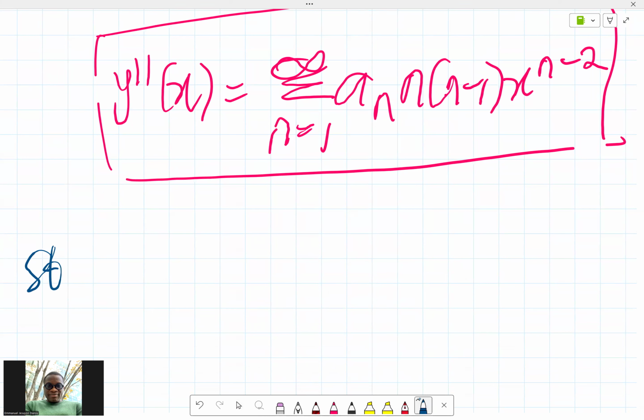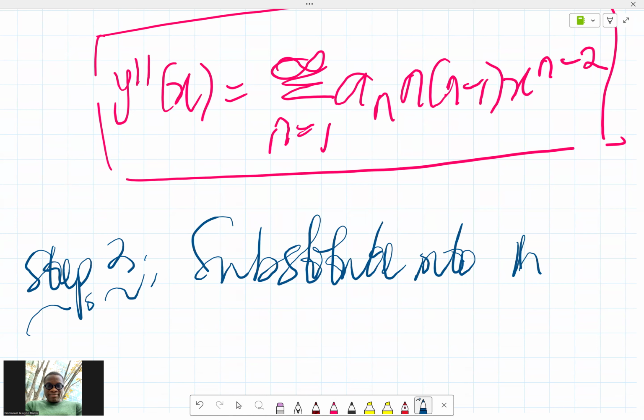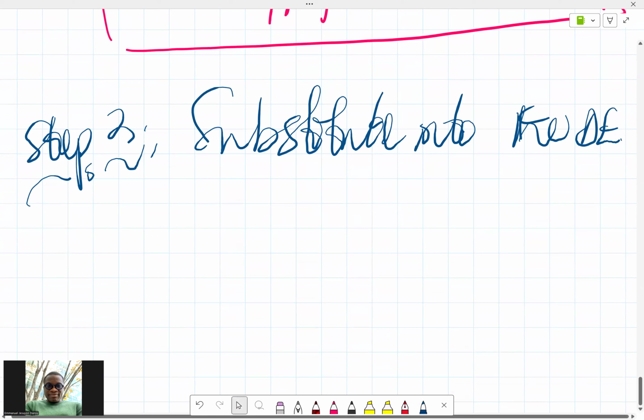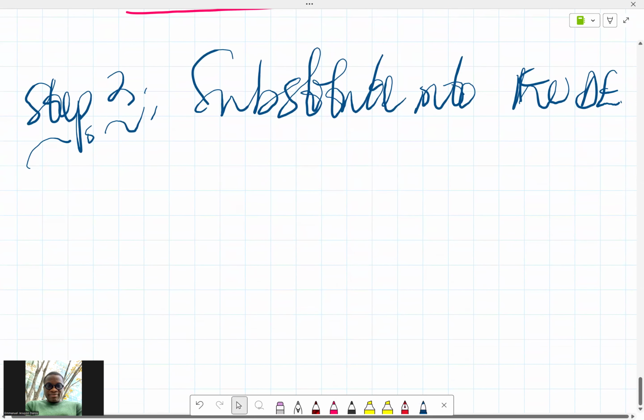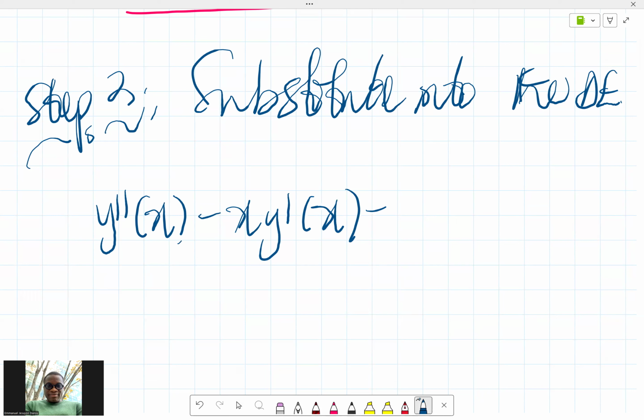Then in step two, you substitute into the differential equation. Substitute the expressions for y of x, y prime of x, and y prime prime of x into the equation, which is y prime prime of x minus x y prime of x minus y of x equals 0.